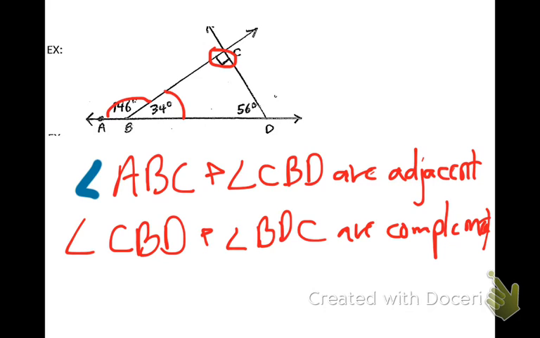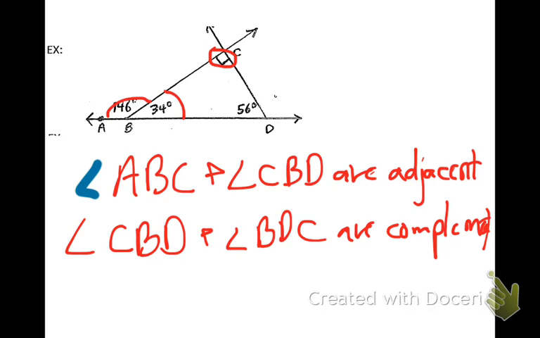All right. Supplementary. Give me a pair of supplementary angles. Which angles make a line? Shatis? ABC and CBD.